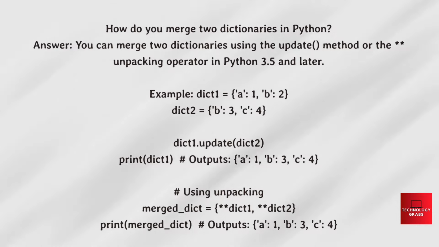Using unpacking: merged_dict = {**dict1, **dict2}; print(merged_dict) outputs {"a": 1, "b": 3, "c": 4}.